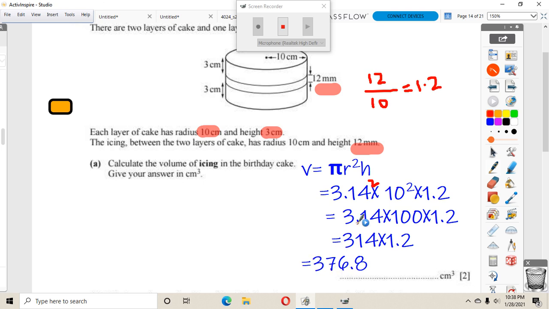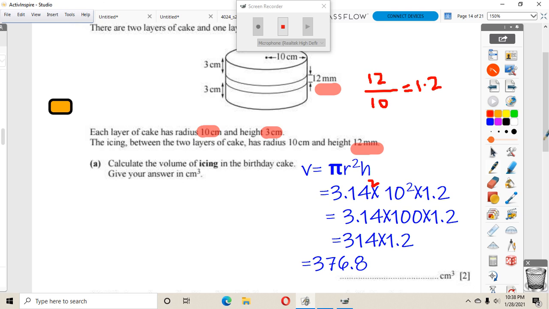In all the other calculations, the main thing is to change millimeters to centimeters, and after that we know the formula, pi r square h. Otherwise we simply substitute the values and calculate.